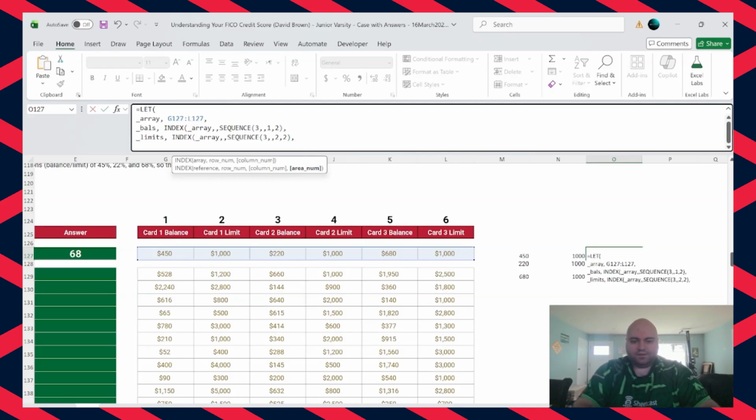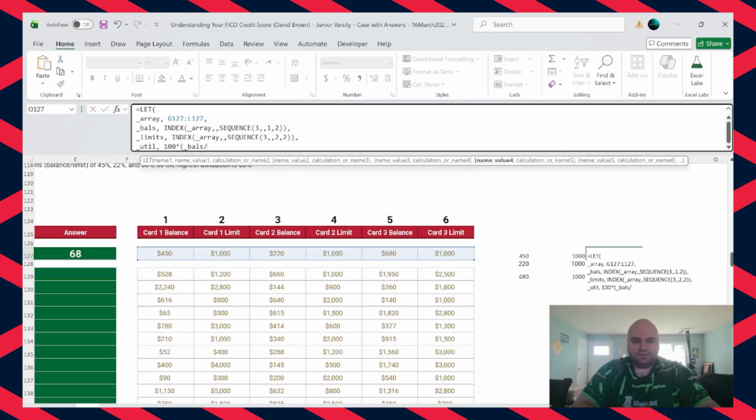And let's talk about utilization. Util. It's going to be 100 times our bals divided by... Oh, I did not end the parentheses. I'll do that. There we go. Things look better here. Divided by limits.